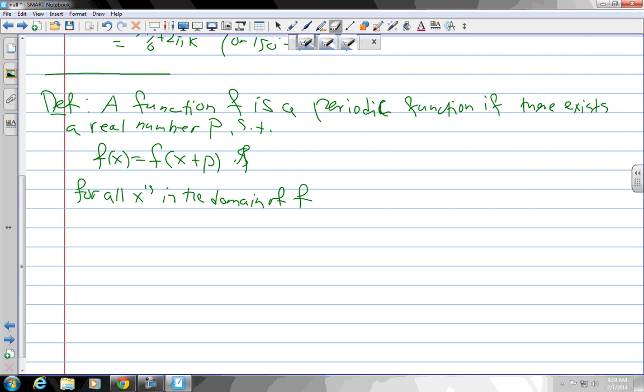I should probably be more careful and say not just plus p, but plus p times some other constant, so constant multiples of that period.